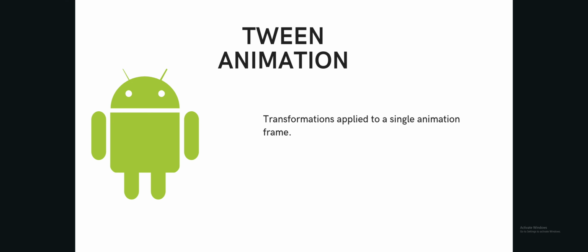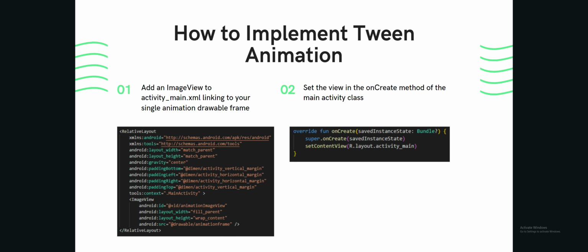However, as we do not have several animation frames to display like frame animation, we can just assign one image to the image view in activity_main.xml. This can be seen in the first step, where we put in an image view which displays that singular image.